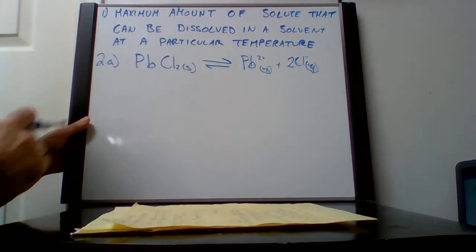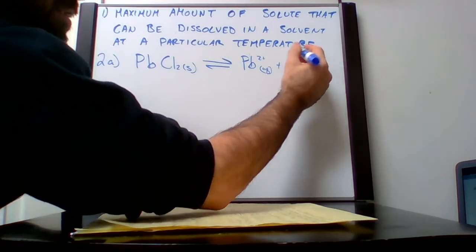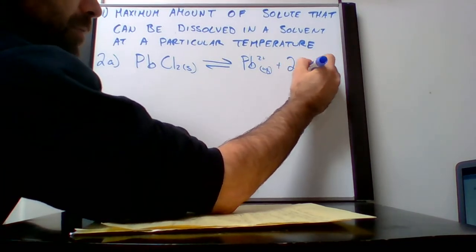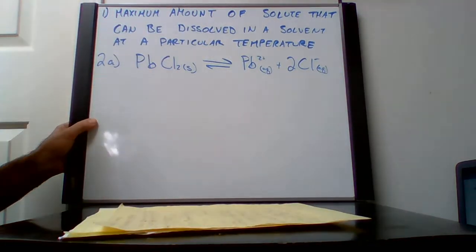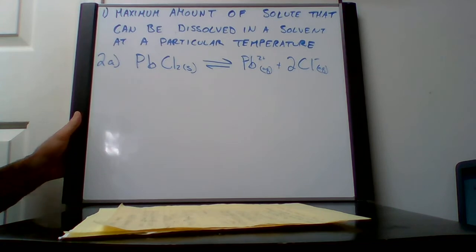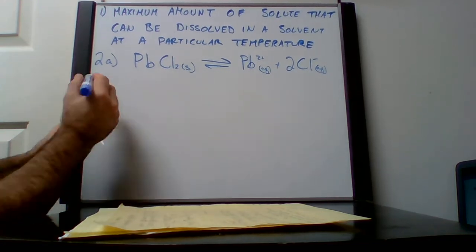Hopefully you can read all that. Let's just rewrite this part here so you can see it a little better: 2Cl- aqueous. Okay, so there's our equation.